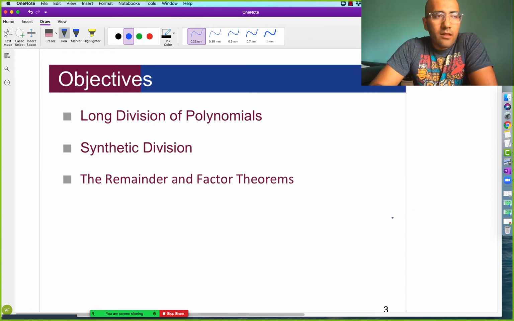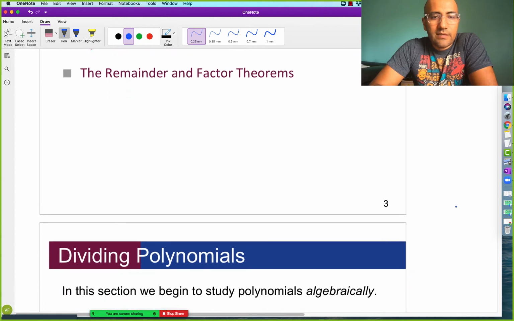How to divide polynomials, and we're going to do it the long way, and then we're going to do this shortcut way called synthetic division. And then we'll look at the remainder and factor theorems that will help us go back and piece together information to get a rough sketch of what the graph of a polynomial is.